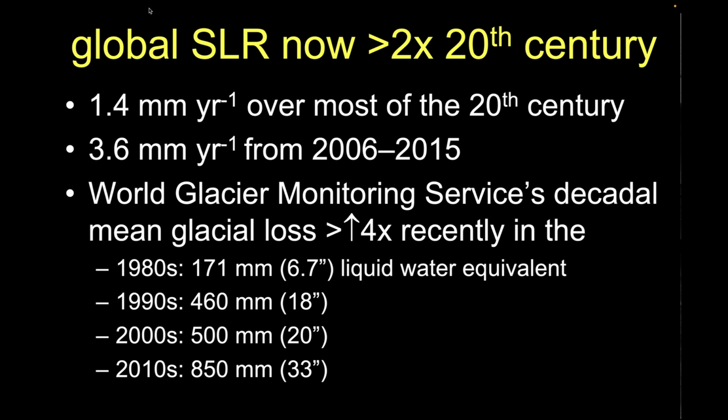If we talk about how much water is in that frozen component of our water around the Earth, we've increased the melt rate of global glaciers by about 4 times the historic rate. This is essentially how much water is leaving these glaciers.